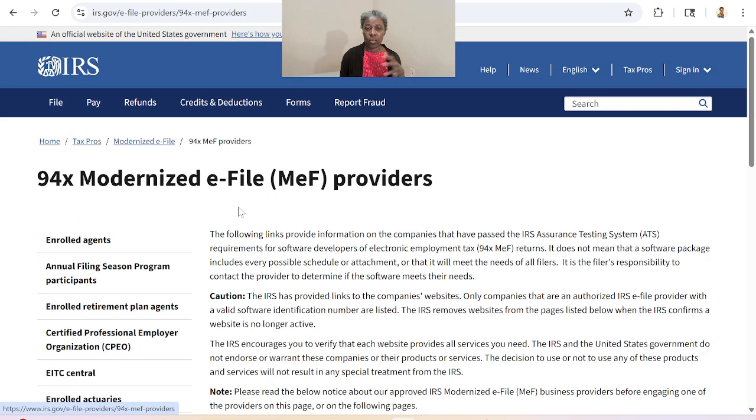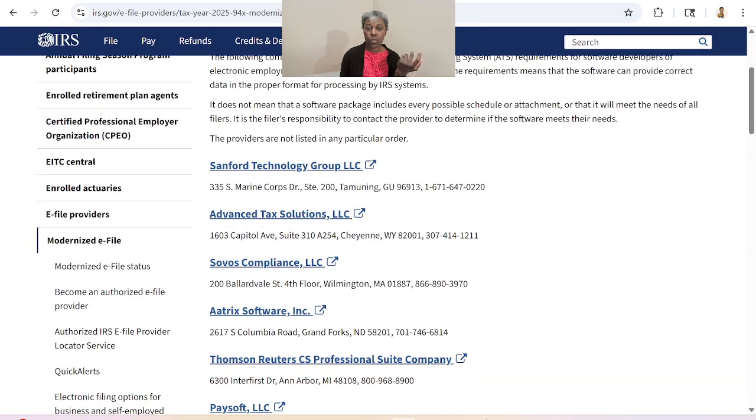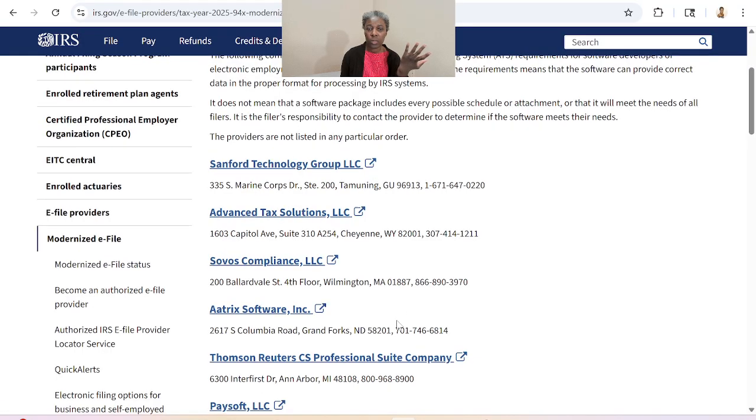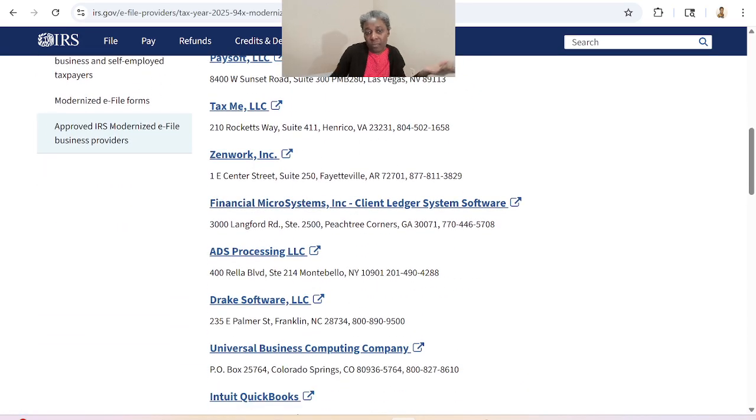They will give you information on providers that they recommend, for you to choose who you want to go with and file. That's one way to file it online.